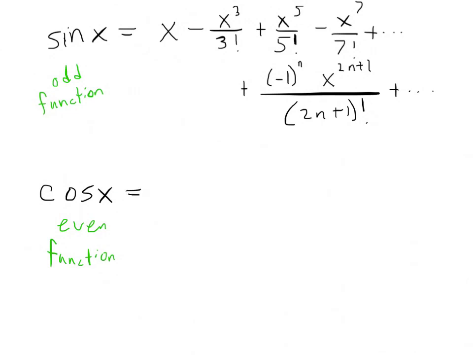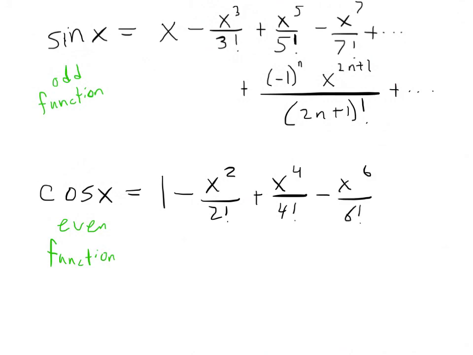It's going to be 1, which I know is odd, but think about it as being 1x to the 0, minus x squared over 2 factorial, plus x to the 4th over 4 factorial, minus x to the 6th over 6 factorial, with the nth term being negative 1 to the n, x to the 2n, all over 2n factorial.